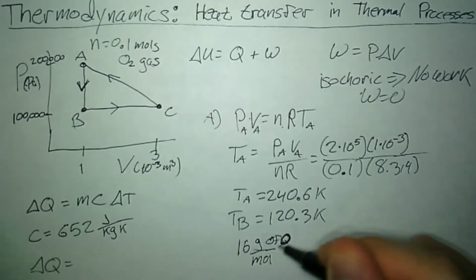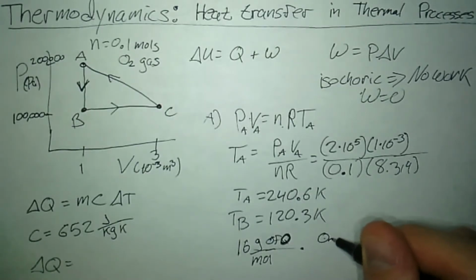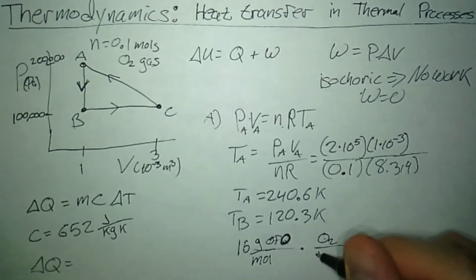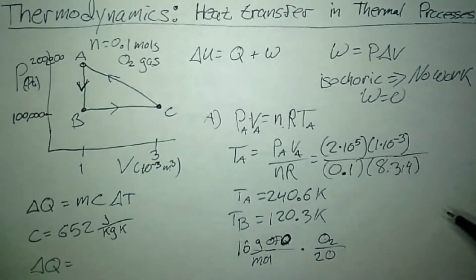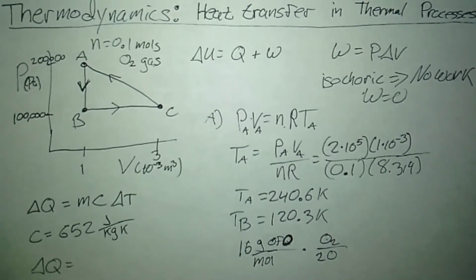Just make that nice round O. But I want to get O2, right? There are 2 oxygens per O2. One second, okay, I messed it up.